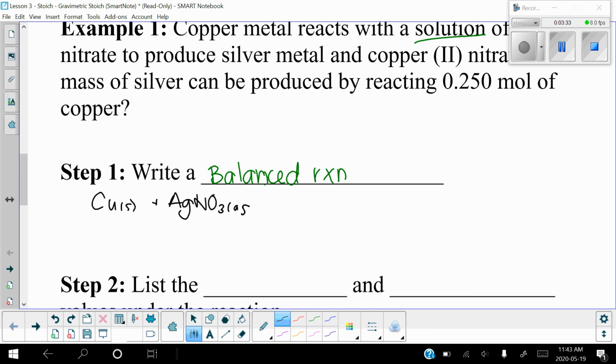It is aqueous. And it says once those two react together, it produces silver metal and copper 2 nitrate. I checked on page 6. This is also aqueous.